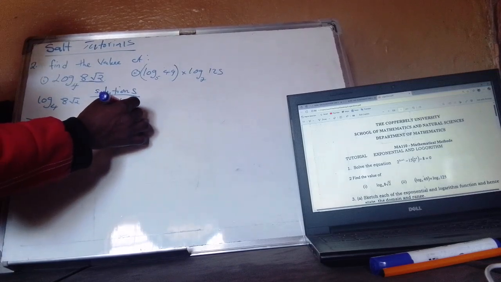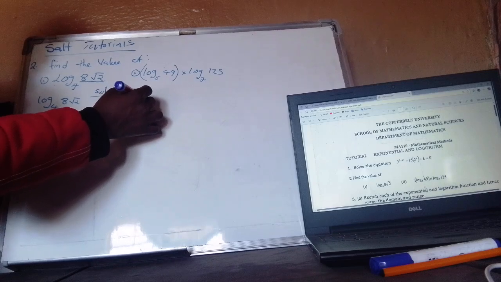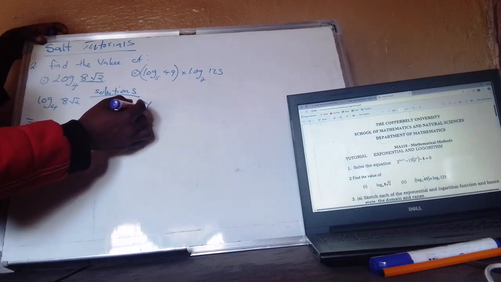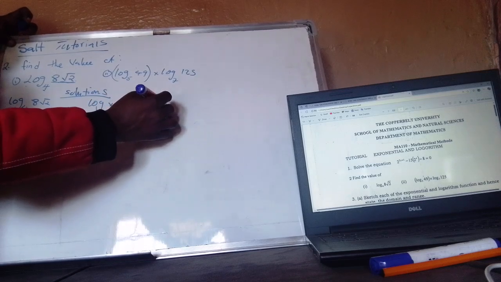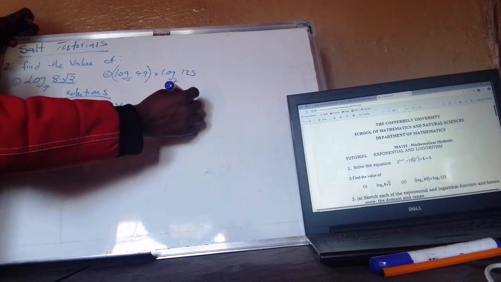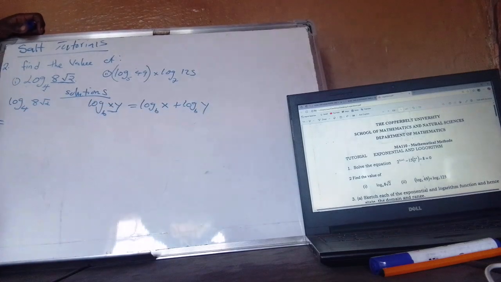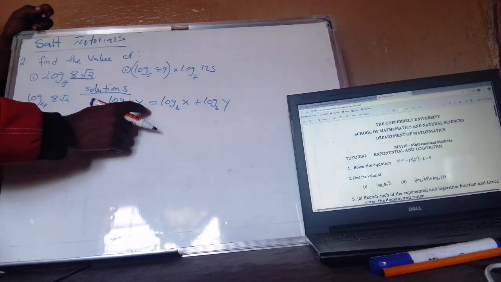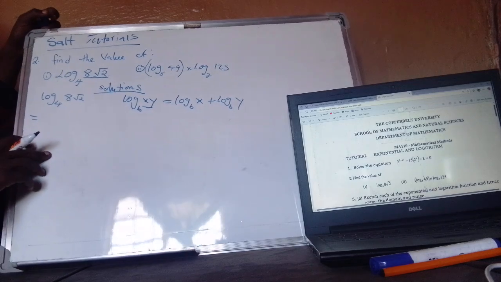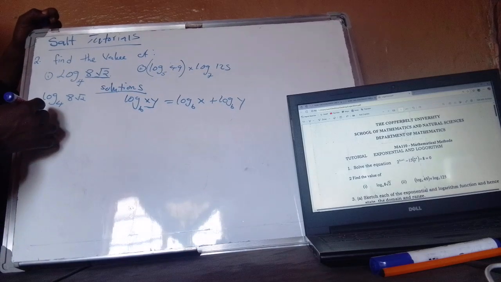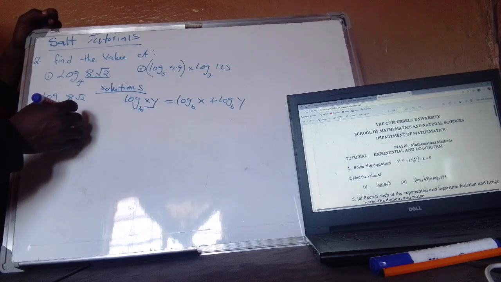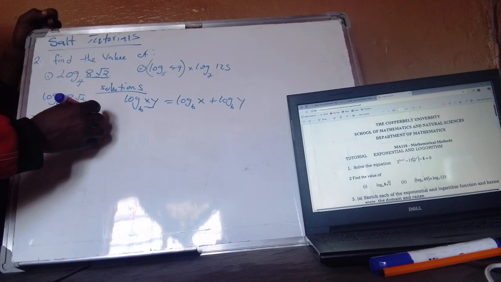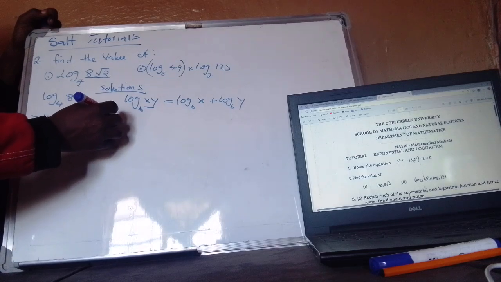To say if I have log base b of xy, the multiplication here, this will lead us to what? The log base b of x plus the log base b of y. So I'm going to use this property to break this down. So this is just going to be written as the log base 4 of 8 plus the log base 4 of root 2.